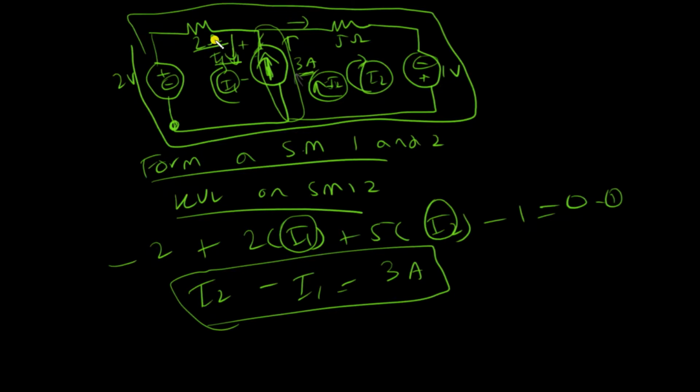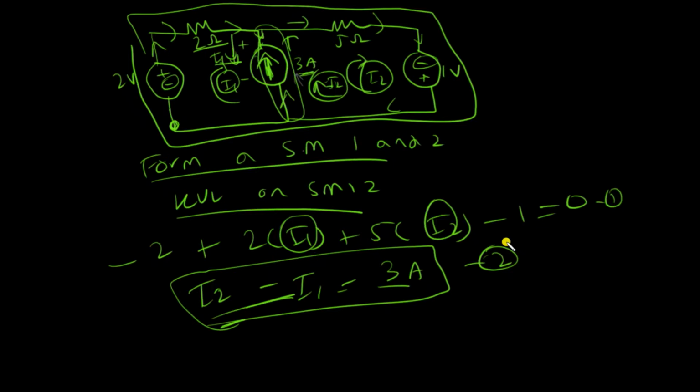I get these two directions because of the clockwise convention I'm using: I1 flows clockwise and I2 flows clockwise too. So I2 goes up and I1 comes down, and I can use those two directions to subtract these two currents to get 3 amps. Now I have my second equation, and I can easily solve the circuit to find the actual currents.